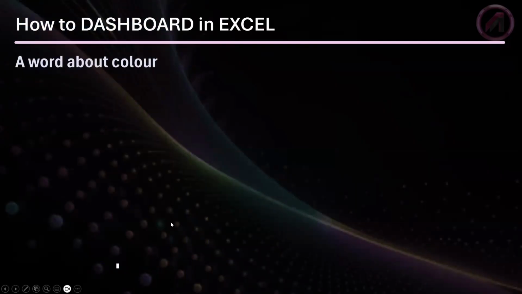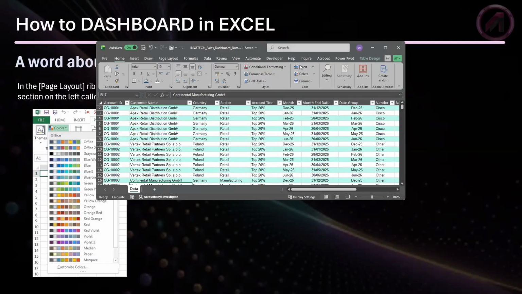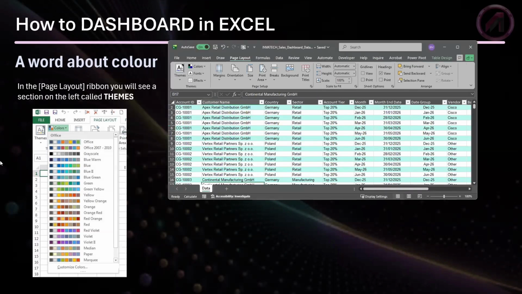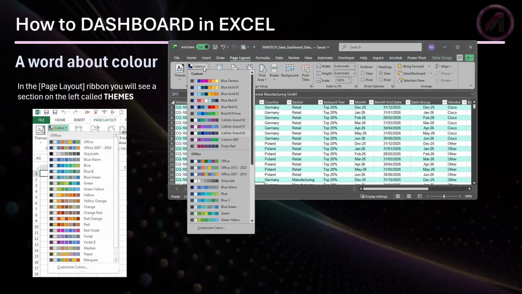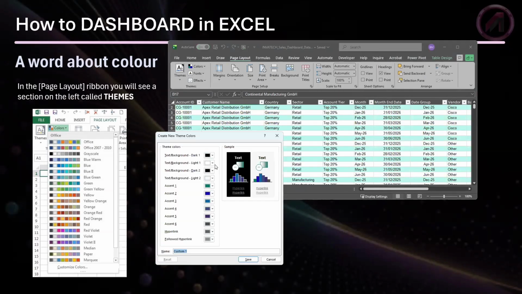A word about color. If you look at Excel, and I'll just get Excel up here for us. Right. If you look at Excel, you will see there in the page layout, there is this facility here where you have colors. Now, what you can do is customize those colors and get them looking like this.